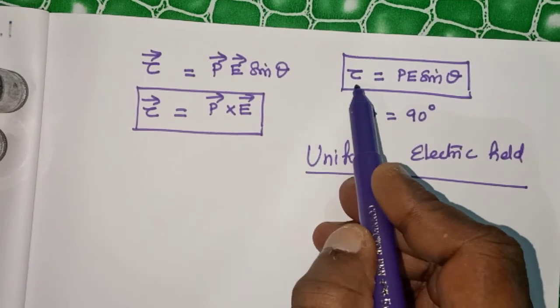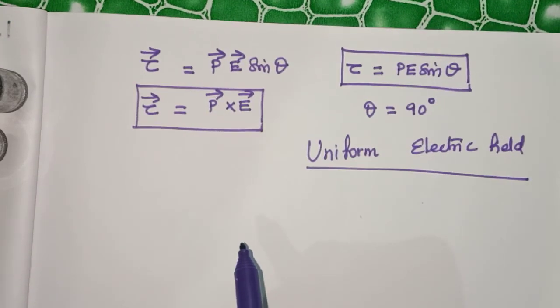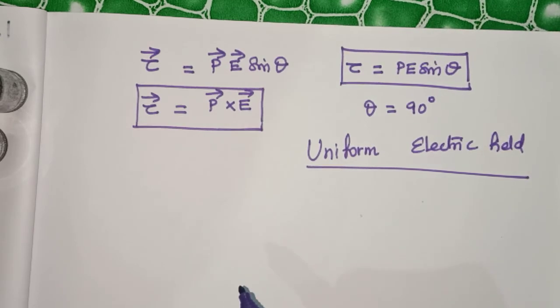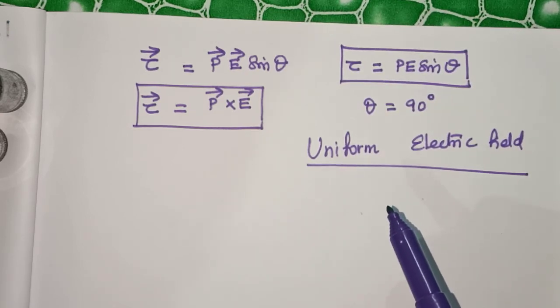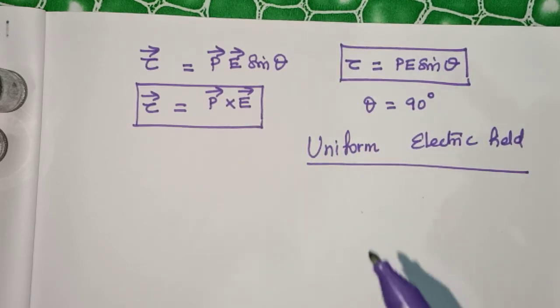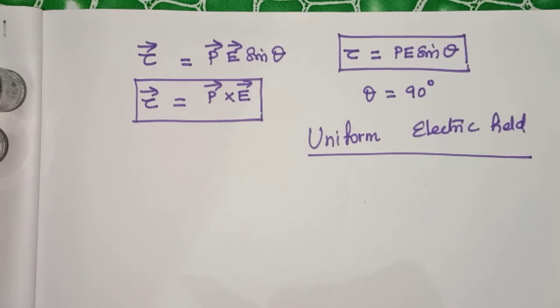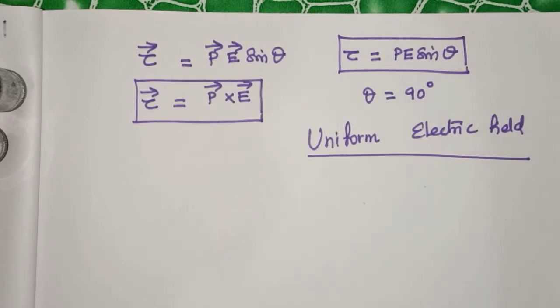This torque tends to rotate the dipole and align it with the electric field E. If P is aligned with E, the total torque on the dipole becomes 0. Okay, thank you students.